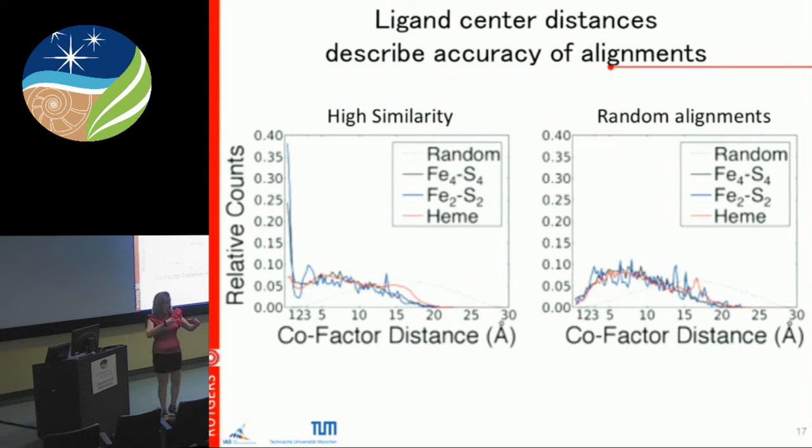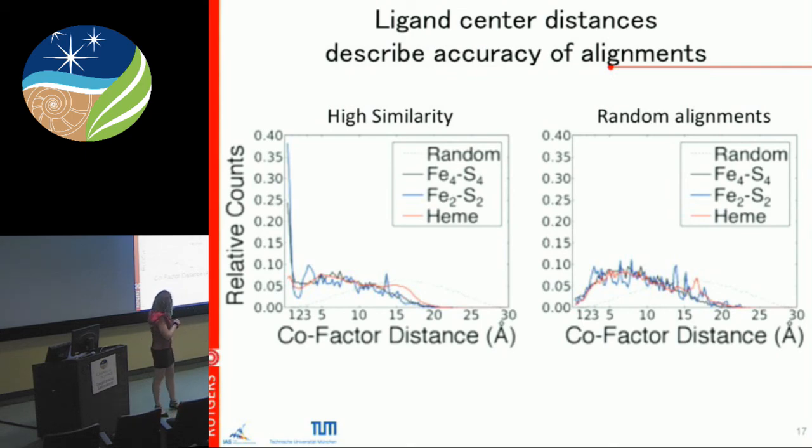So these are distances between the ligands that the proteins bind. It looks like there are very few over here in the small distance, which is what we want, right? And this is what you expect. Most of the proteins carry out different functions. So if you align them, their cofactors or their ligands should not be close together, right?